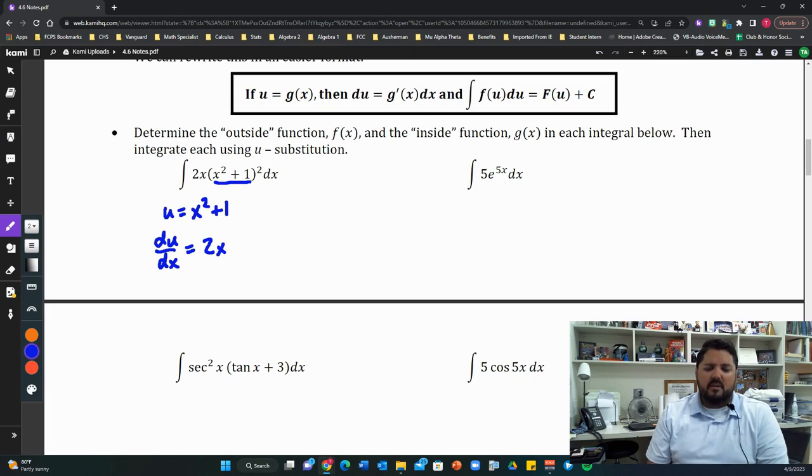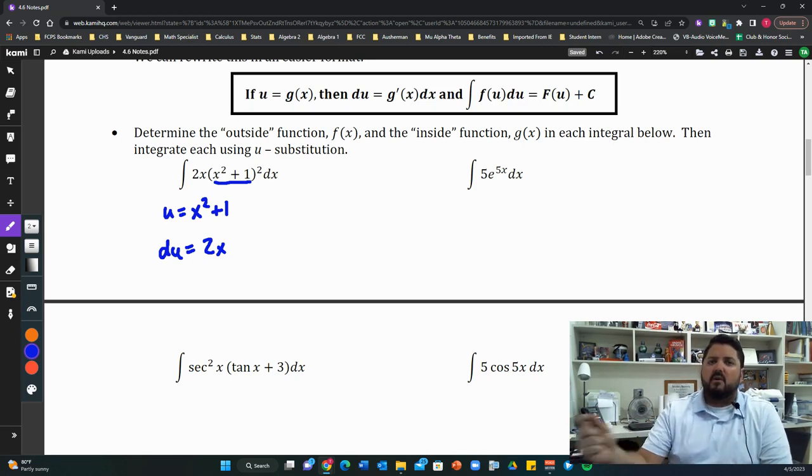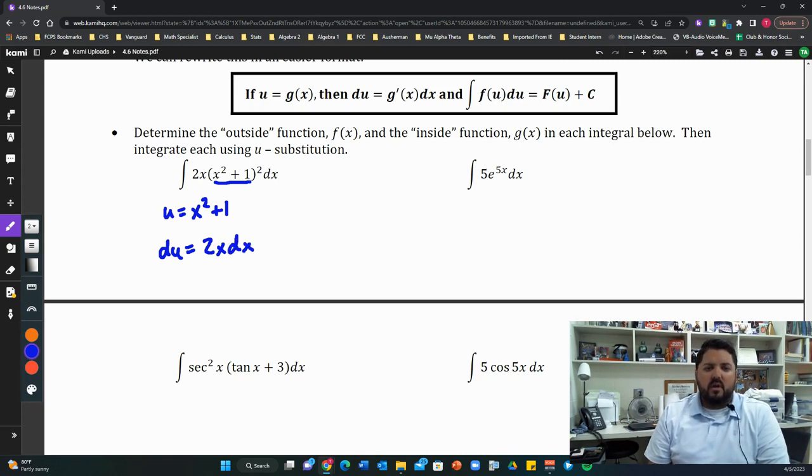I'm always just going to write it so the du quantity is by itself, because in every one of these problems I would want to move the dx back over to the right side with the other x stuff. It ends up just tagging along and being multiplied at the very end. That's how we would want to set this up. Now I have a u and a du, which is what I want.